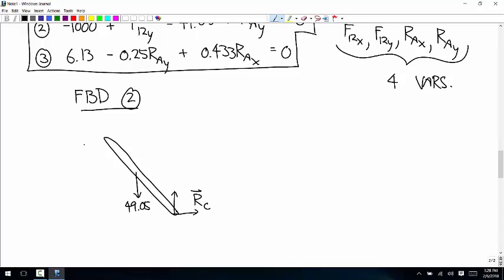You can imagine, this has a hole, and member 1 has a pin-shaped thing that goes through that hole. So the only force up here is the force on member 2 by member 1. It's the force that that pin is applying here.